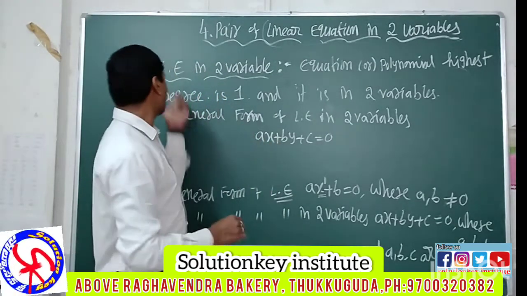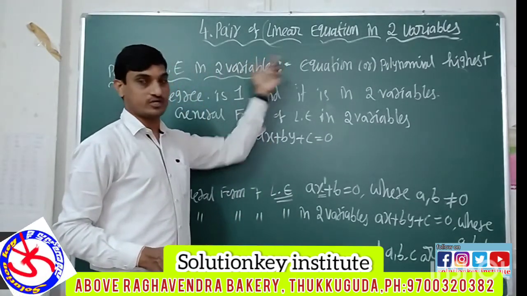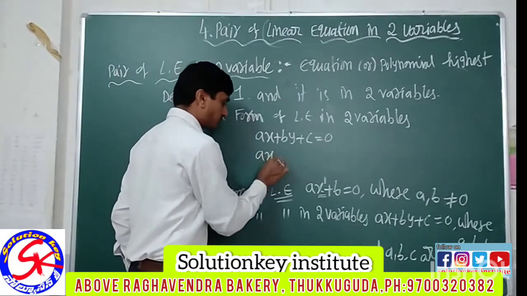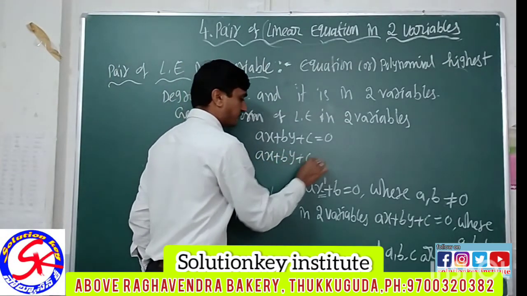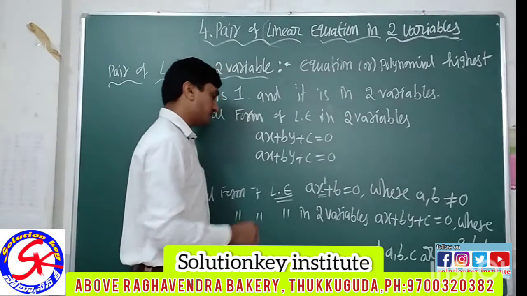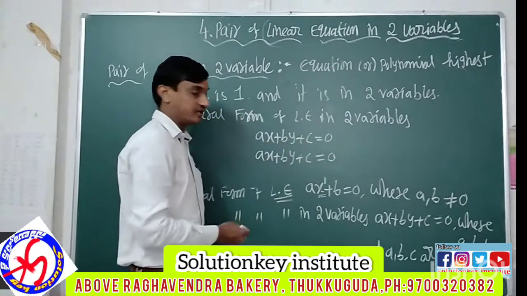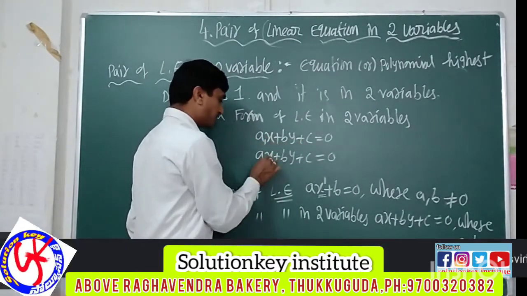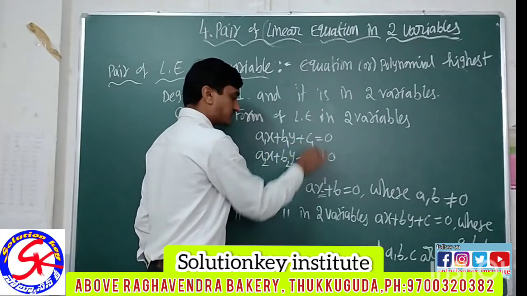But it is a pair of linear equations in two variables. So I am taking one more equation, a2x plus b2y plus c2 is equal to 0. Then I am taking the different variables a, b, c, then a1, a2, b1, b2, c1, c2.